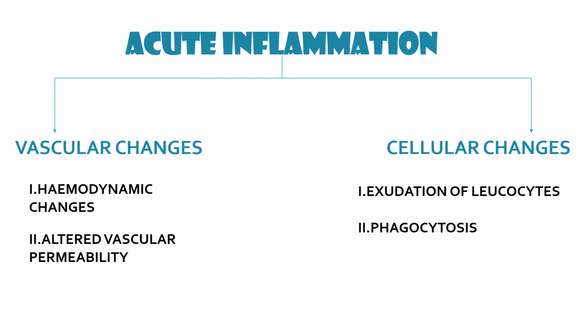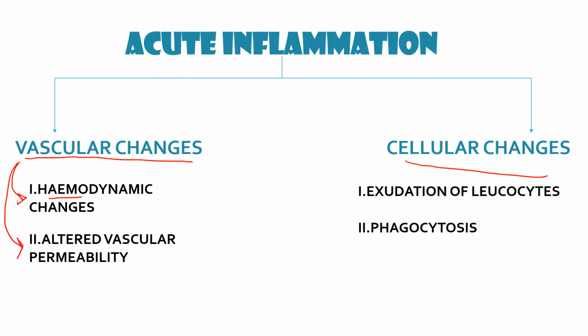Acute inflammation, or you may say the acute inflammatory response, is further divided into two changes. The first is the vascular changes and the second is the cellular changes. In vascular changes, two types of changes mainly can occur.